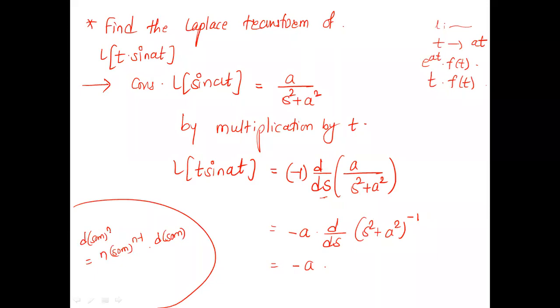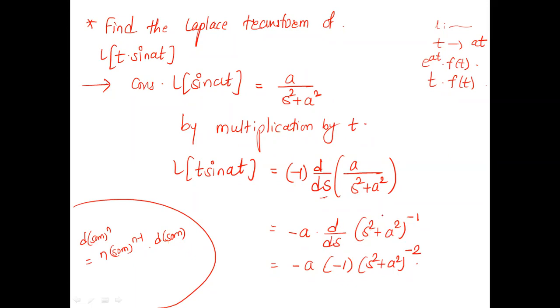the derivative of something. Correct. It's not just x. If it is x, there is no need to write the derivative of x, but here it is a function of s, so it is something. So n into something raised to n minus 1, here minus 1 minus 1 is minus 2, into the derivative of this something with respect to s.